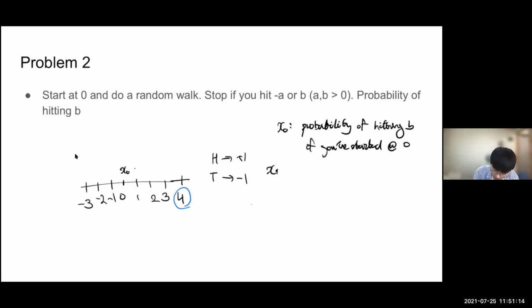Then you could come up with some equations. So x0 will be 1/2 times x1 plus 1/2 times x-1, since you throw a head with probability 1/2, and you get a system of linear equations, and you could solve this because, for instance, x4 is 1 and x-3 is 0. So this is the brute force way, but this is maybe not very interesting.